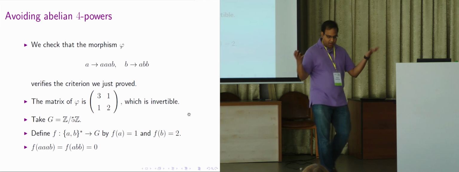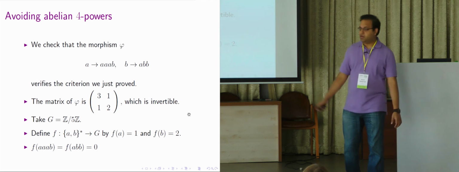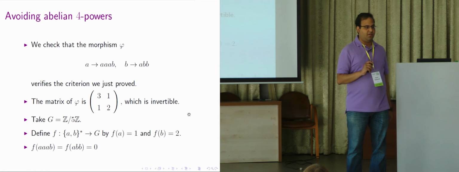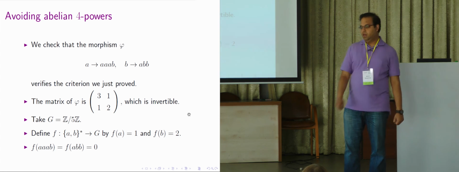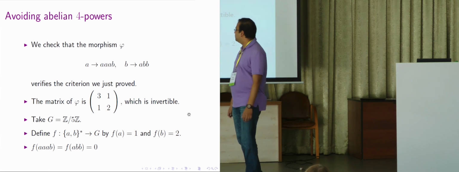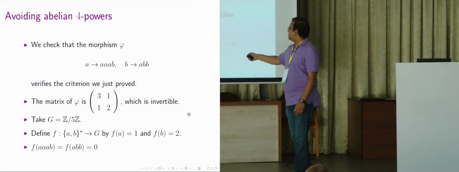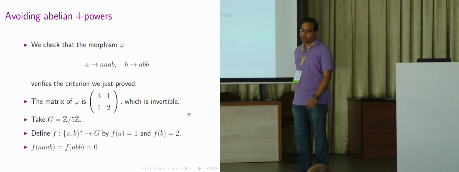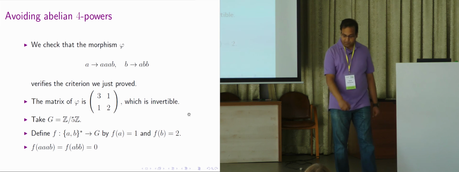So that's the method. Here's how it works on a specific example. This is the morphism that Dekking found to generate an infinite binary word avoiding abelian fourth powers. You write down its matrix, 3 A's and 1 B in the first image, 1 A and 2 B's in the second image.